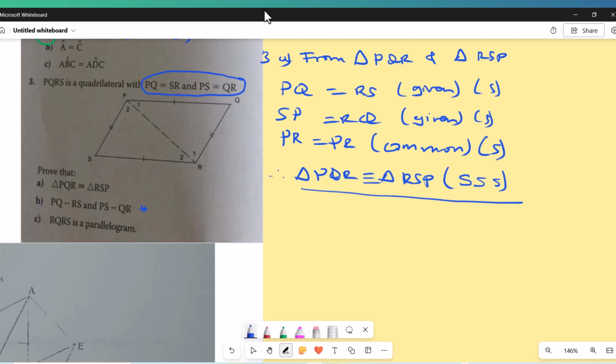Because the two pairs of opposite sides are equal, that's why it's a parallelogram. You see this pair is equal to each other, and also this PS equals to QR. So because of that, this must be a parallelogram here.